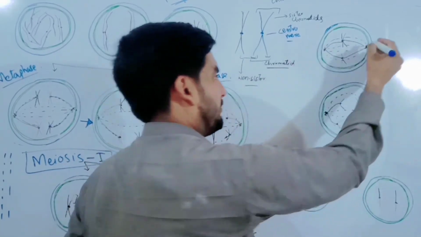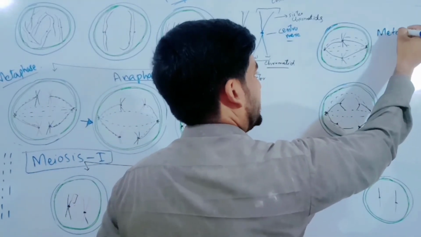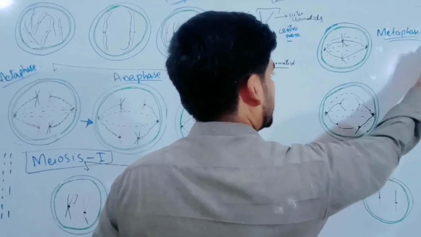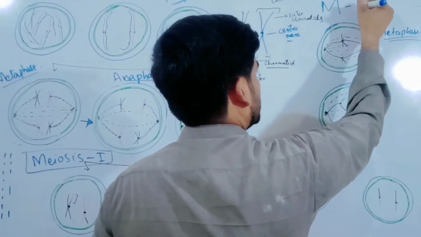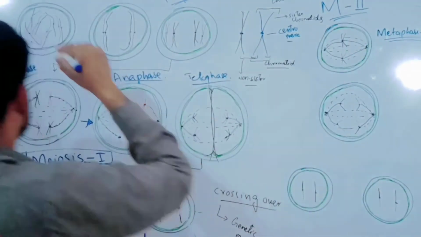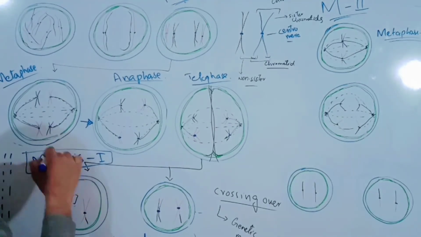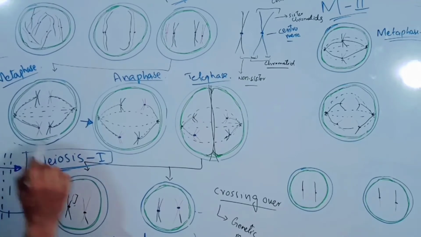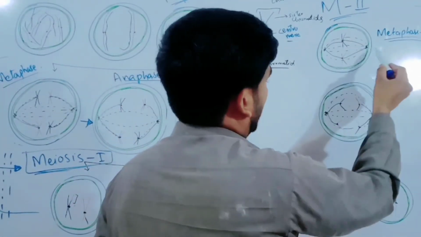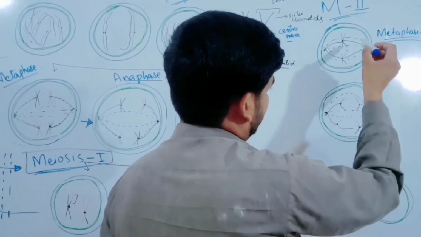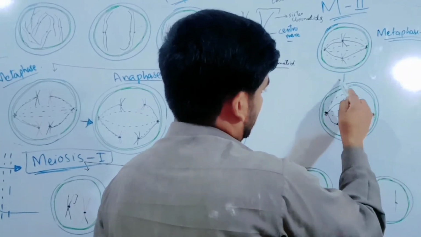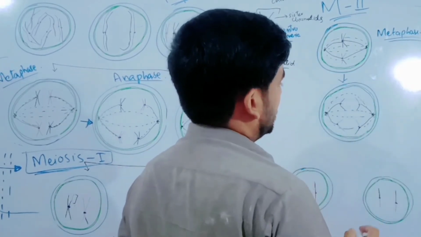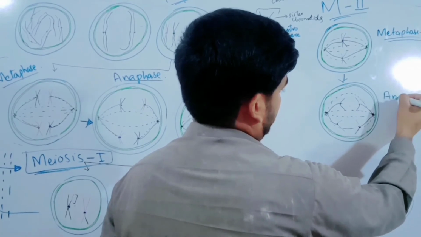Then it is also called metaphase, and this time it is called metaphase 2 because it belongs to meiosis 2. It is meiosis 2. This was meiosis 1. Okay, this whole process is meiosis 1. Now the arrangement in the metaphase gives rise to the next phase, which is called anaphase.